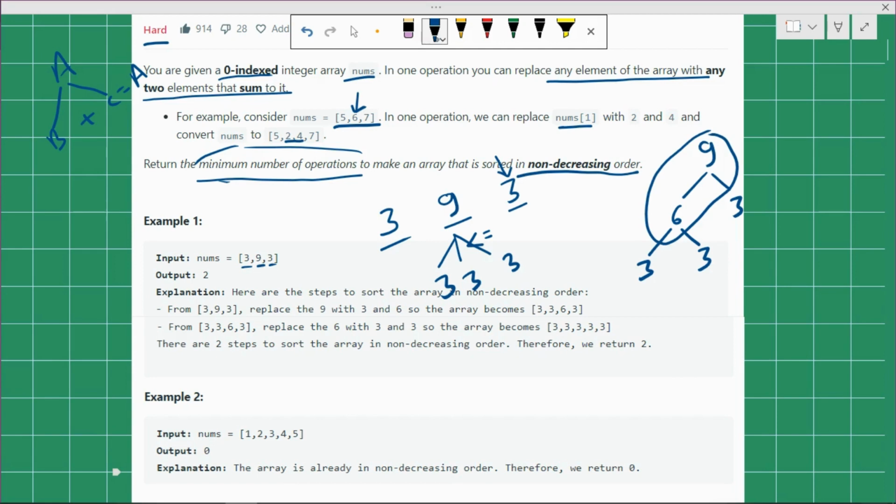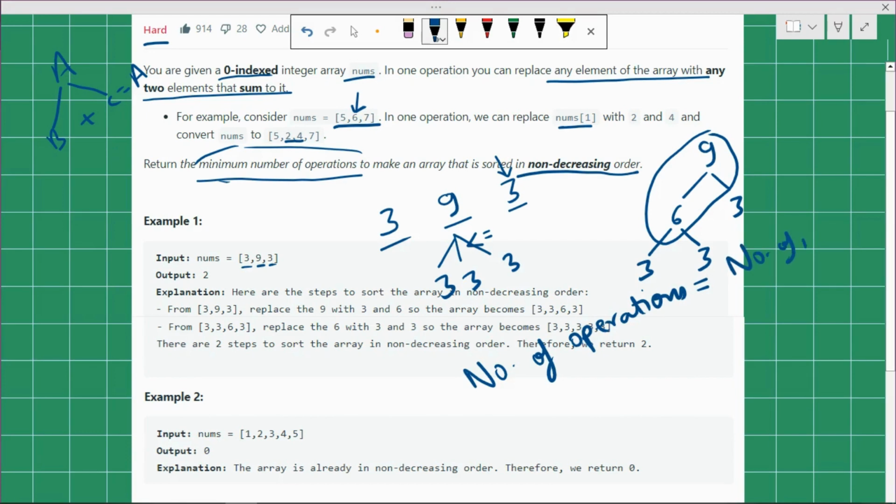So the number of operations is equal to the number of parts after breaking minus 1. Suppose this was 8. How could we have broken it?